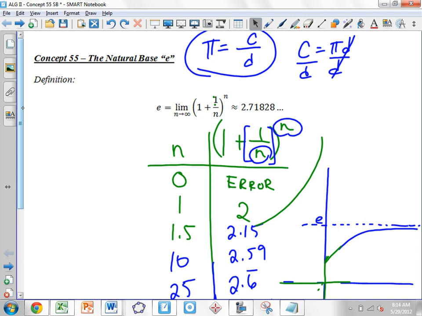As n gets bigger and bigger, what did n have to do with compounding for interest or for money? What did n really mean? It's like the period of time, very good. As n got larger, what did that actually mean to those problems? For example, if n was 5 versus n being 52, what did that actually mean?